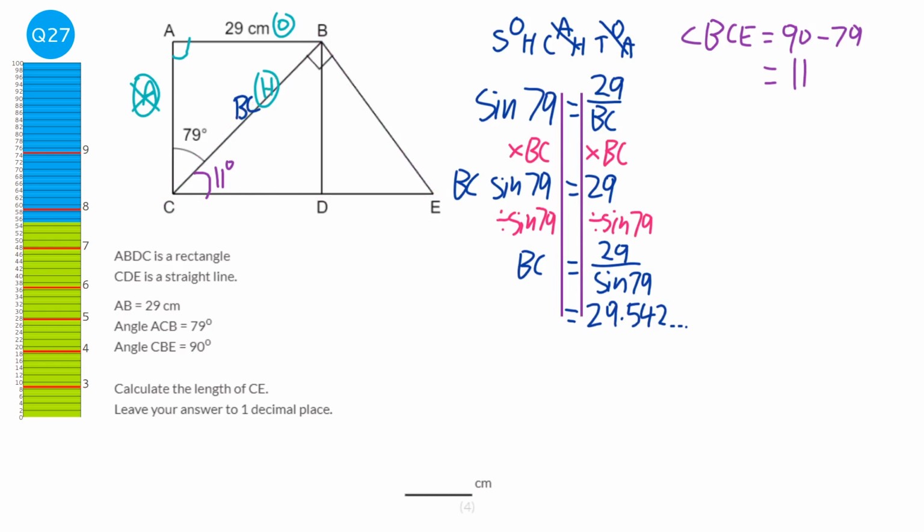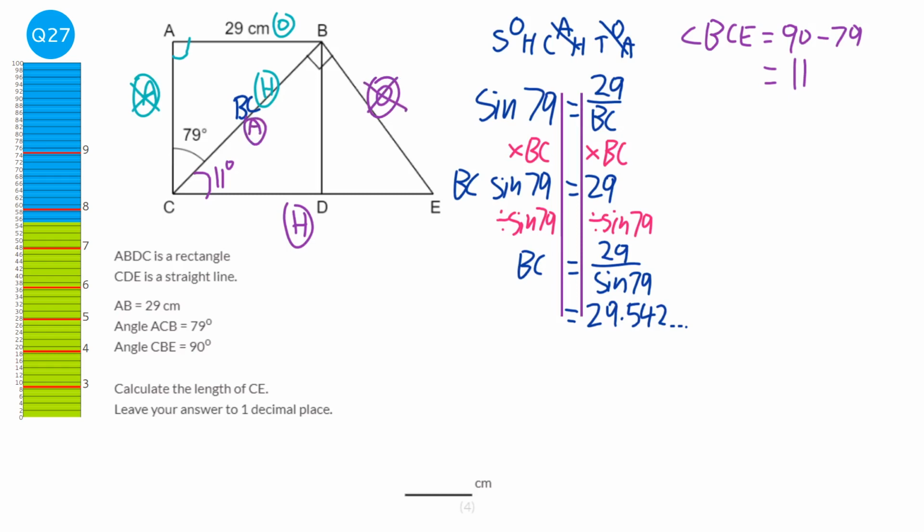So we're going to look for length CE. We're going to first of all label the sides. So we've got the opposite here, the hypotenuse opposite the right angle here and the adjacent here. So this hypotenuse is now an adjacent. We're not using the opposite at all, but we are looking for the hypotenuse.